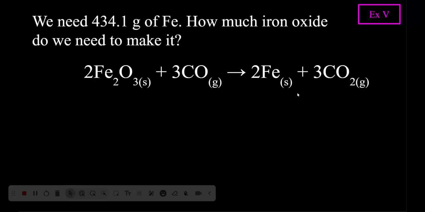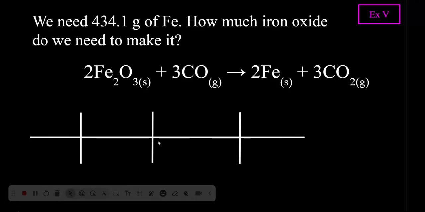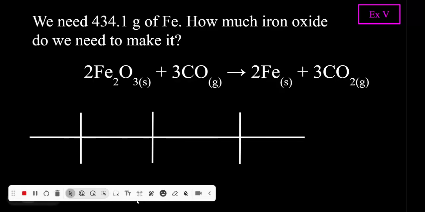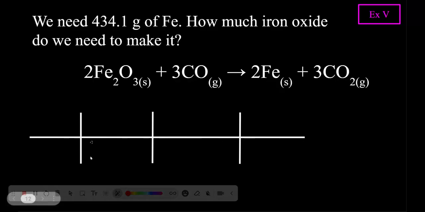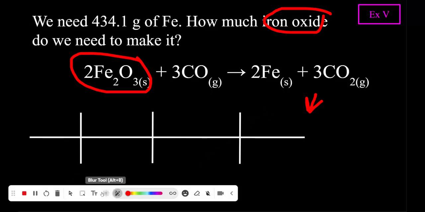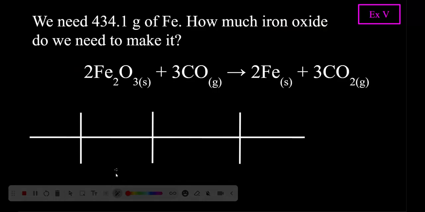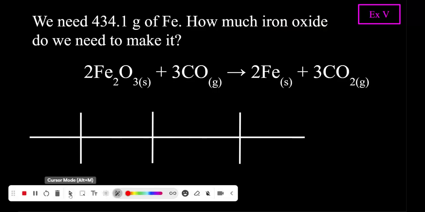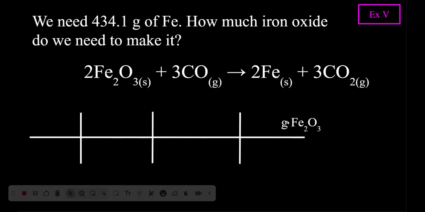Okay, now I'm going to do this problem a little differently just to show you how you end up with the same thing. You'll notice that I want to go to iron oxide, all right? That means I would write this here. And so I'm going to put grams of this here because I know it's always going to be that.